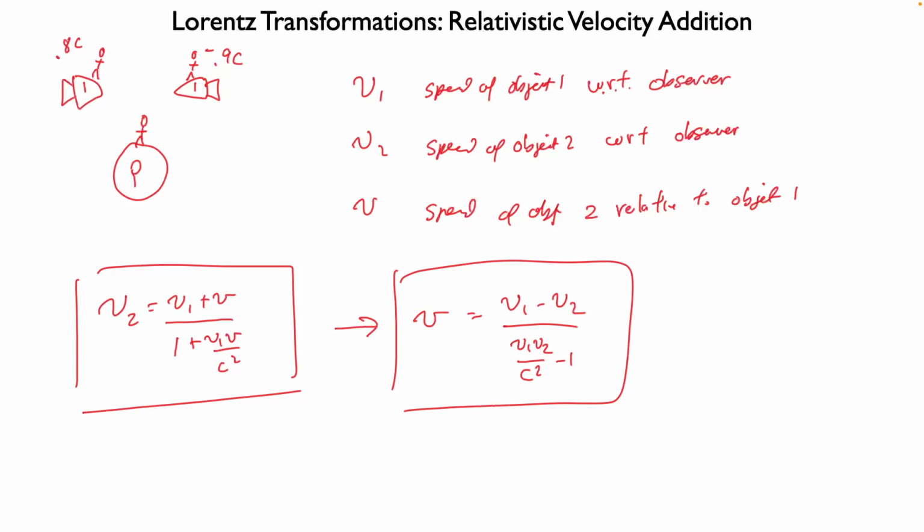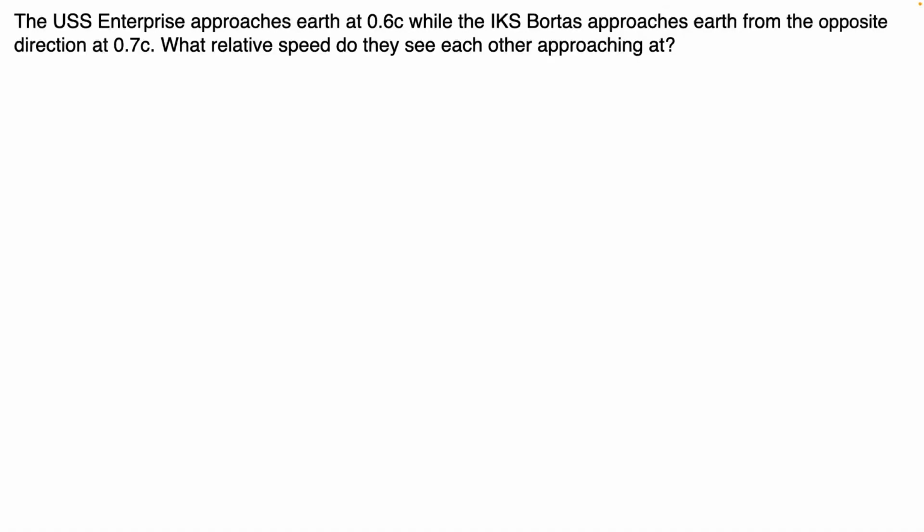Speed of object 1 according to who? The observer. What's V2? Object 2 with respect to the observer. And what's V? Good. Okay, and I'll bring the equations out as we do that. Is solving for V1 going to be the exact same way as solving for V2? Yeah, we just have to do the algebra correctly, but yes.